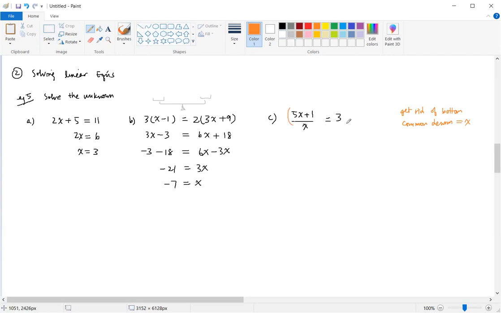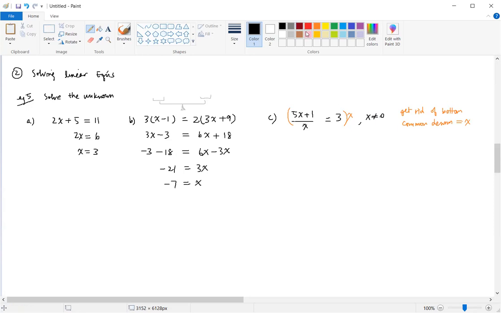So I can multiply both sides by x. That's method 1. Now here also, I should remind you that in a fraction, the bottom cannot be 0. So if you somehow solve x equal to 0, you have to reject it. X being 0 is not okay, because the bottom is x. So the restriction for this equation is that x cannot be 0, because the bottom cannot be 0.